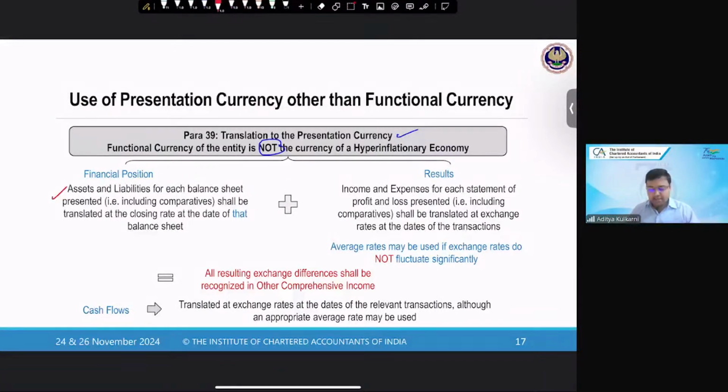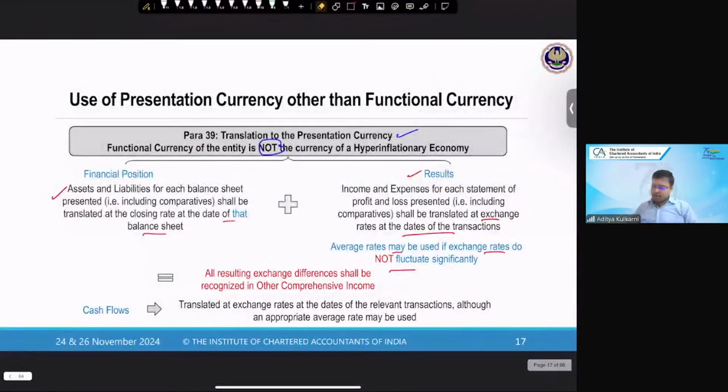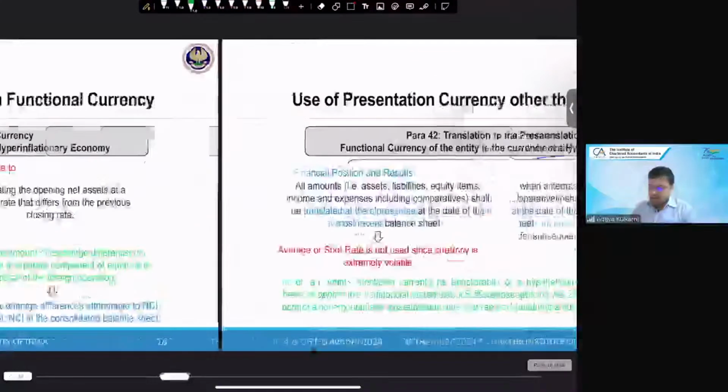So assets and liabilities at closing rate, results at average rates, and all other resulting exchange differences recognized in other comprehensive income. So that takes care of this.